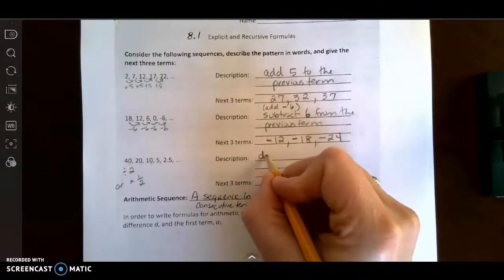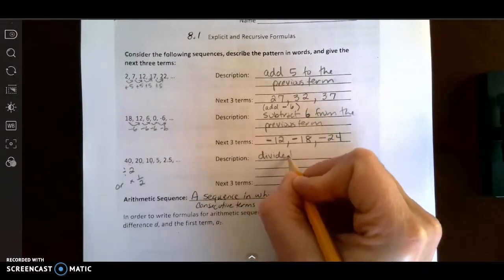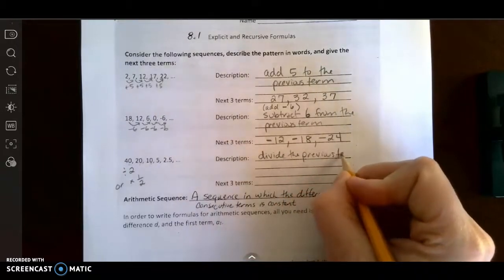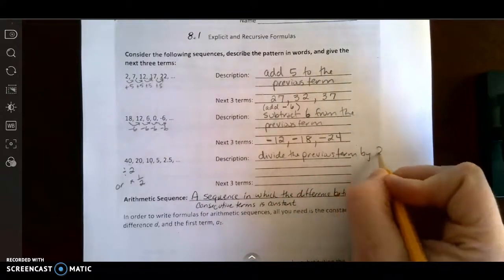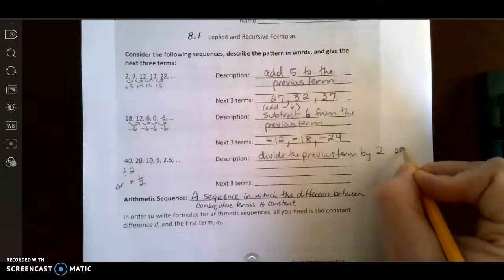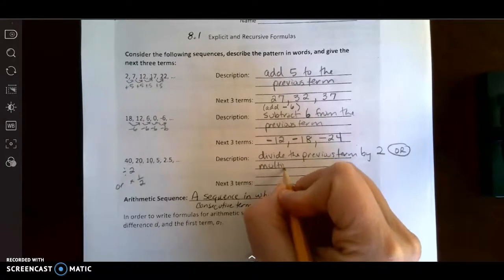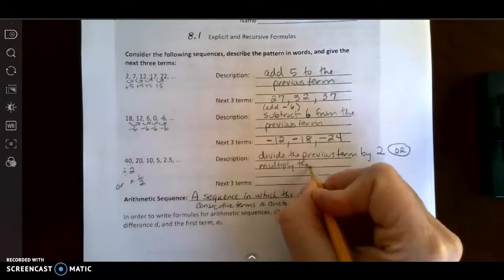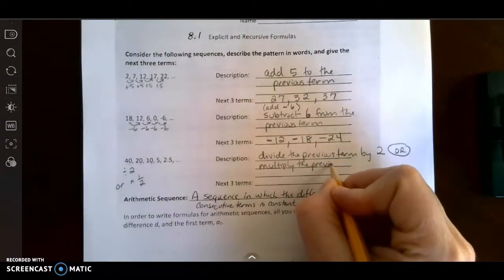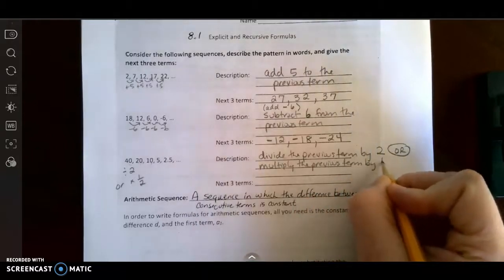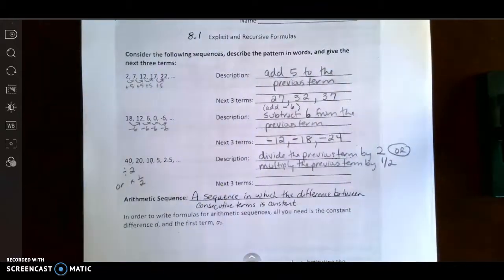So I can say divide the previous term by 2, or I can say multiply the previous term by a half.